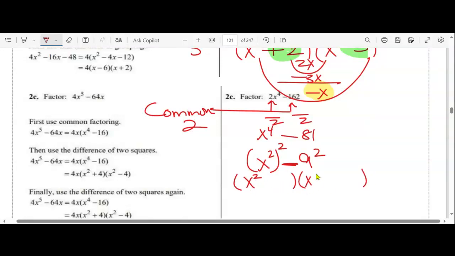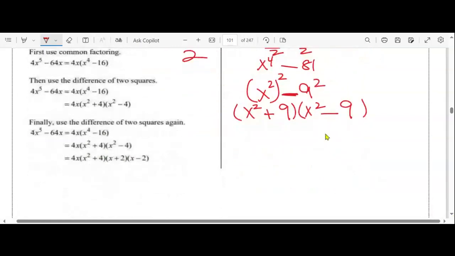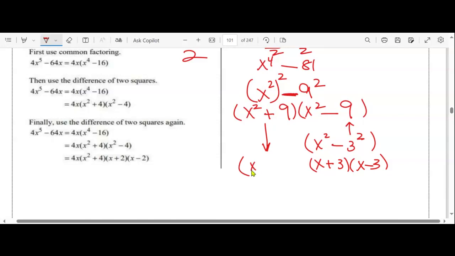X squared, 9, plus minus. Can I continue with this one? This becomes 3 squared minus x squared. Isn't that a difference of squares as well? And don't forget, you have to write this down, right?